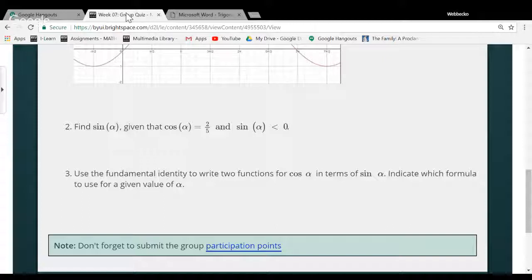I'd use the Pythagorean theorem one. Okay. For which formula to use for a given value of A? Yeah. Let's see. Because the other one has cosine in there.